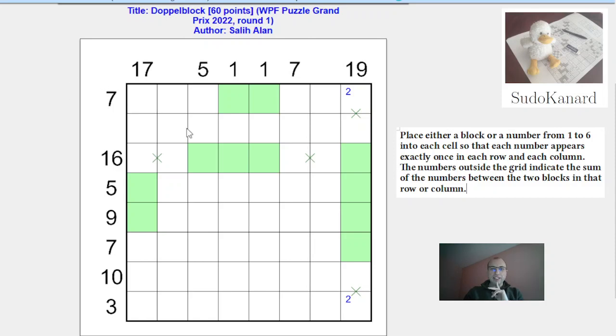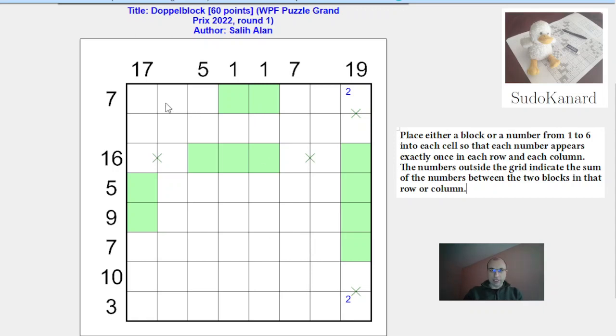And now this puts some pressure on this 7, because 7 can't be just 1 digit. We have digits from 1 to 6. It could be the sum of 2 digits, 1 plus 6, 2 plus 5, 3 plus 4, or 3 digits with 1 plus 2 plus 4, but that's all.